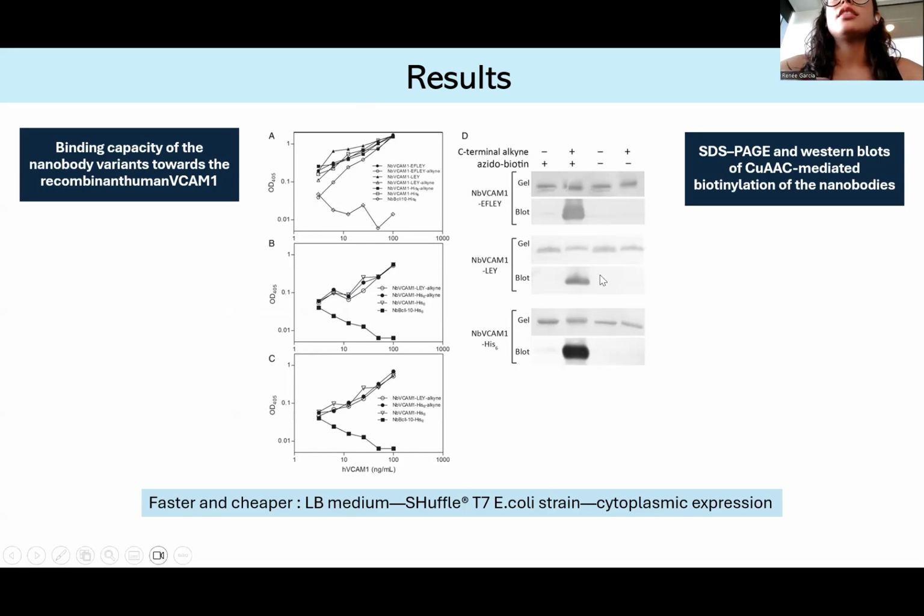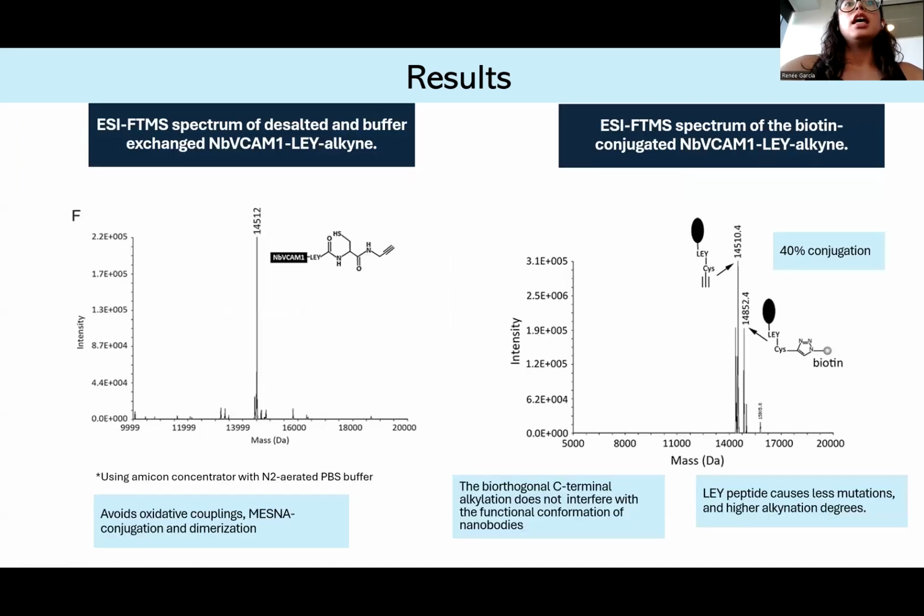And here what you can see is that this band indicates the clickability of our nanobody to the azide-biotin. So in this case, the most clear and most pure band is the LAY band. So that's why they chose to use this spacer for future engineering of the nanobody.